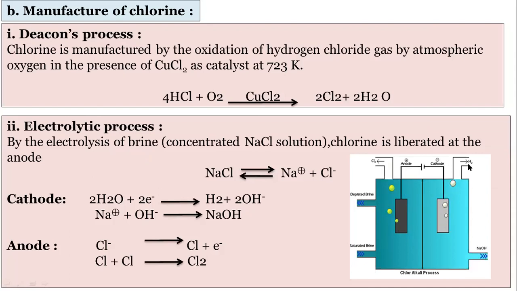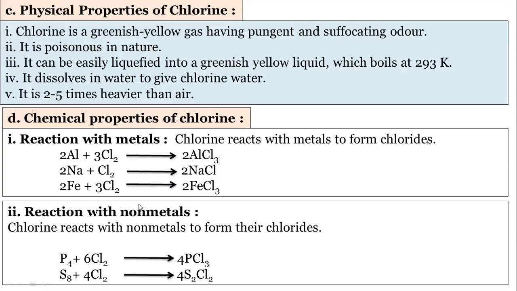You can see clearly here, hydrogen gas is liberated at the cathode, and here at the anode, chlorine gas is liberated. So these are the industrial methods, remember. For the industrial preparation of chlorine, the Deacon process and the electrolytic process are used.